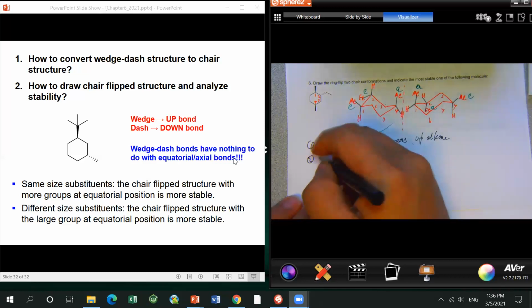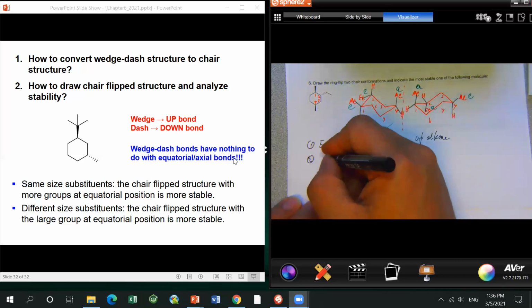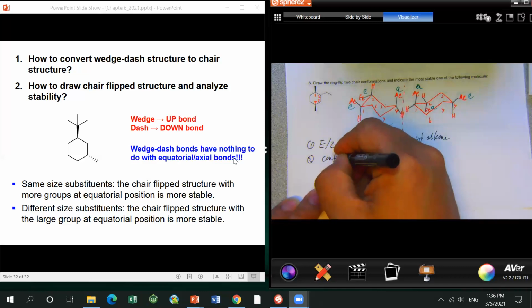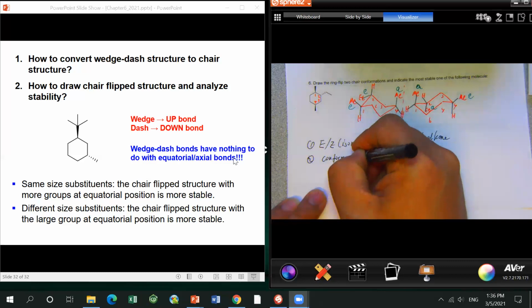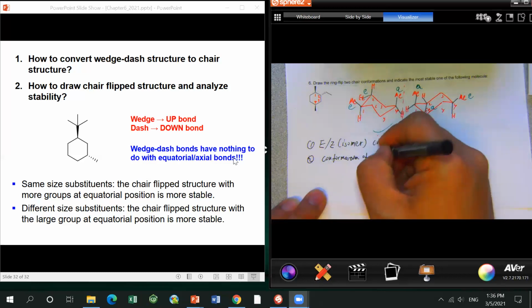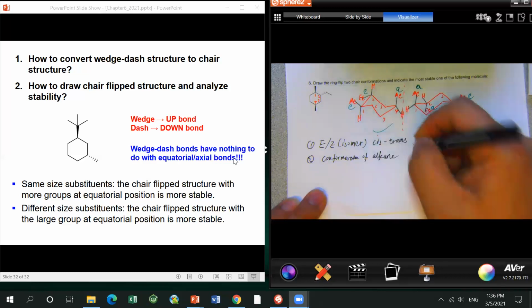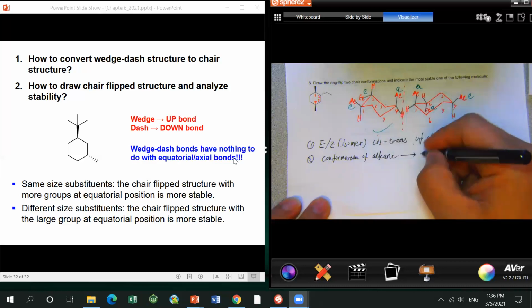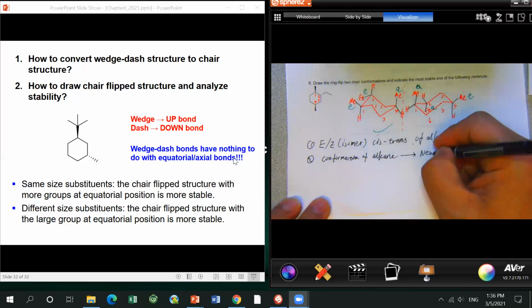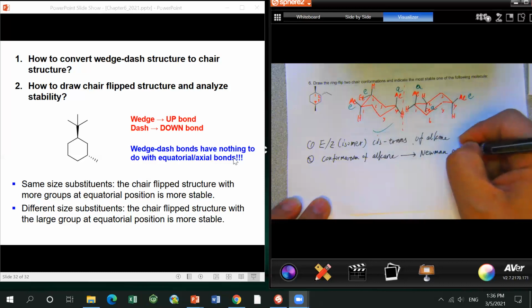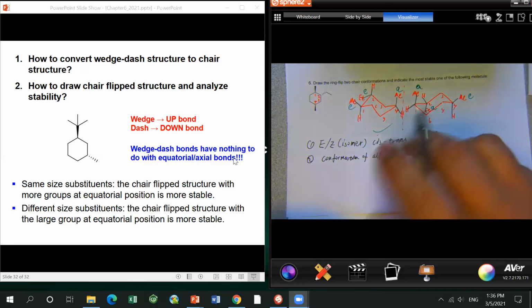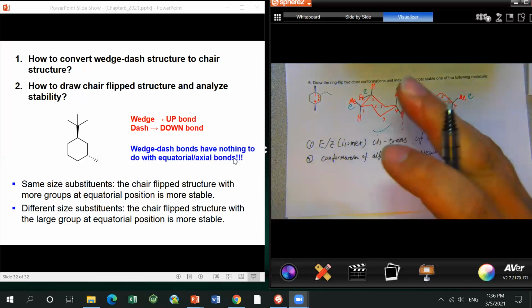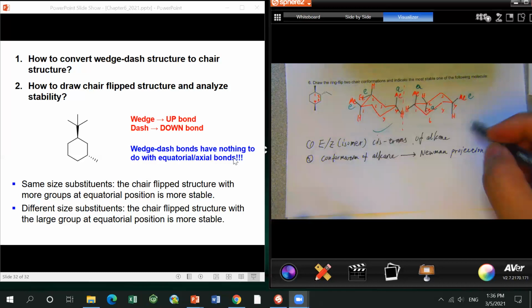Second one is the conformation of the saturated single bond, okay. You should be able to convert that structure into a Newman projection, and then rotate and generate several conformations of the Newman projection.